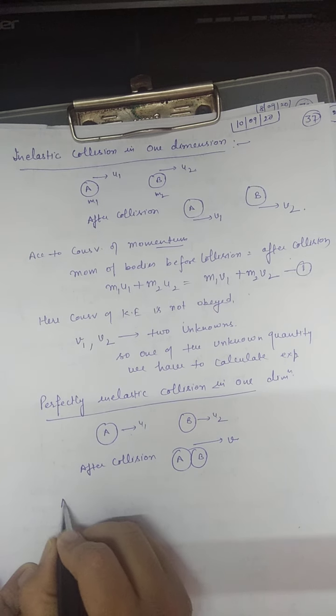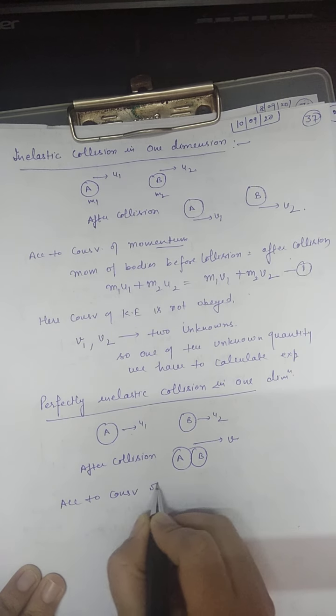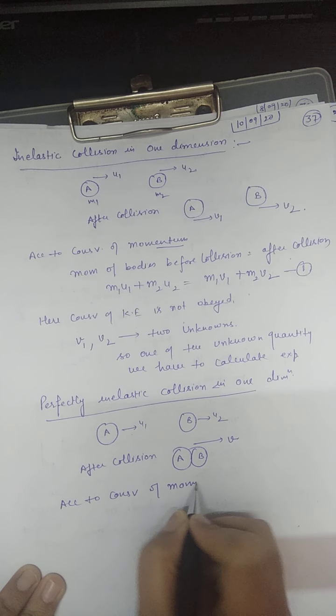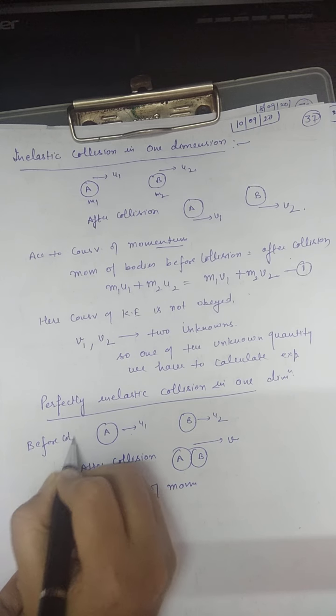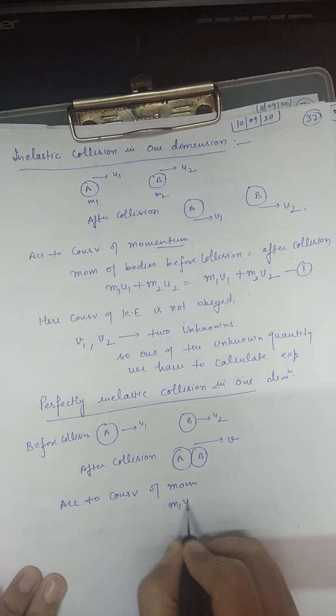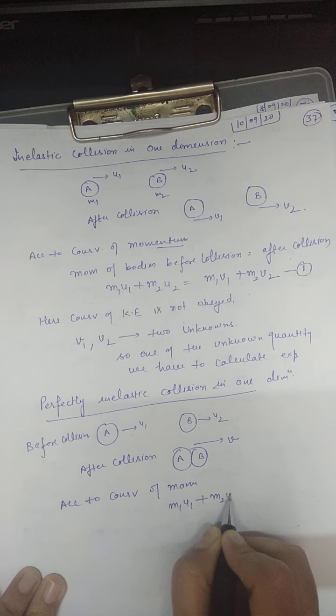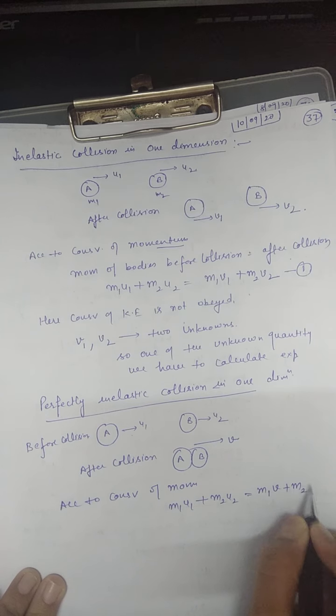Now according to conservation of momentum, we can say momentum before collision is equal to momentum after collision. m1 into u1 plus m2 into u2 is equal to m1 into v plus m2 into v.